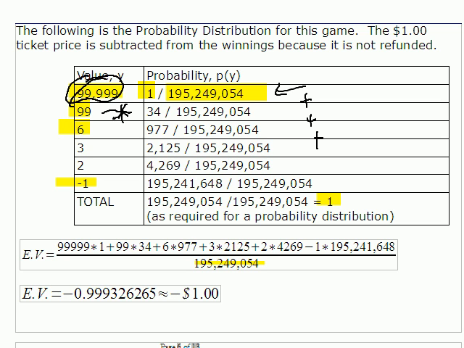So that's why the calculation looks like that. When you get through with all this calculation, you find that the expected value is minus $1. Now, I've heard it quoted that the expected value for the lotto is 50 cents. That is so untrue. The expected value is usually minus whatever you paid for that ticket. Okay, here's the calculation right here.